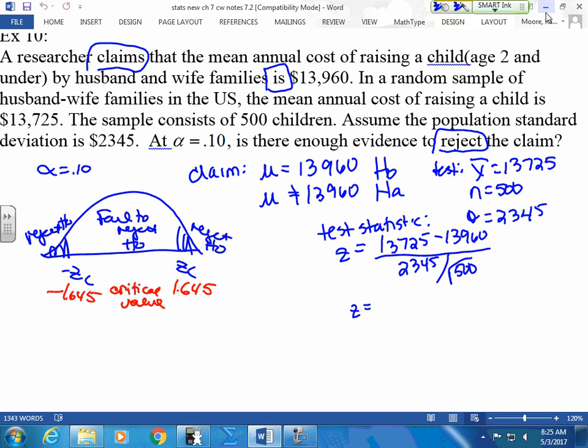So I'm going to plug this in, and this one makes it kind of nice, because I don't have to worry about finding the z-score, multiplying my areas by 2. I get negative 2.24. This is my test statistic.